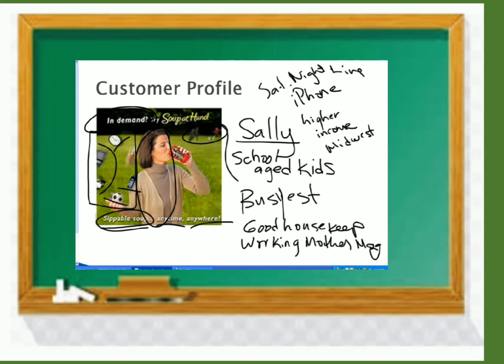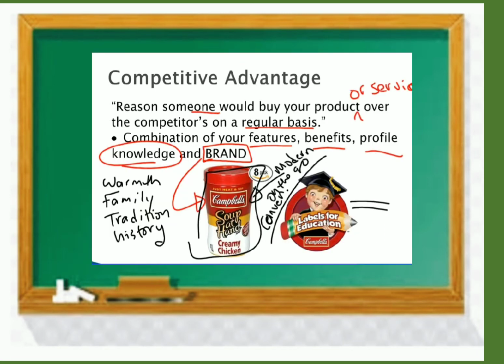And then next we have also the competitive advantage. It is the reason someone would buy your product or service over the competitors on a regular basis. So as we can see in the combination in the Campbell's soup at hand, we have the features, the benefits that we can get from that product, the profile of the customers that buy your product or service, and knowledge of the product and the brand.